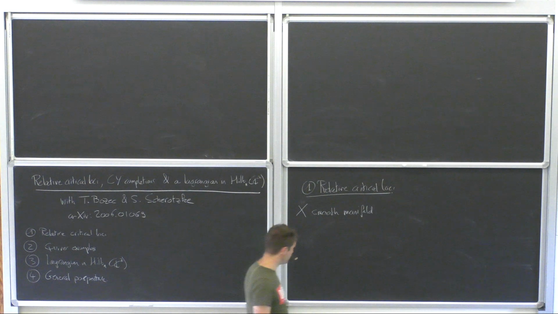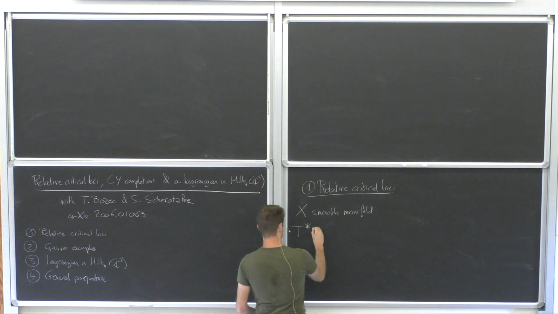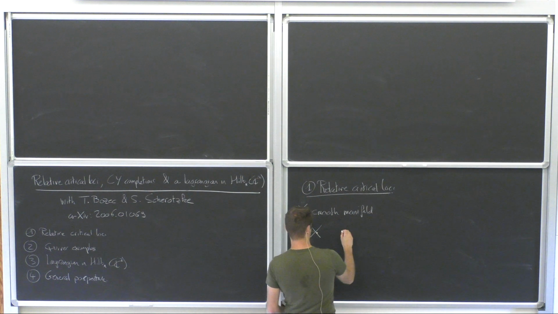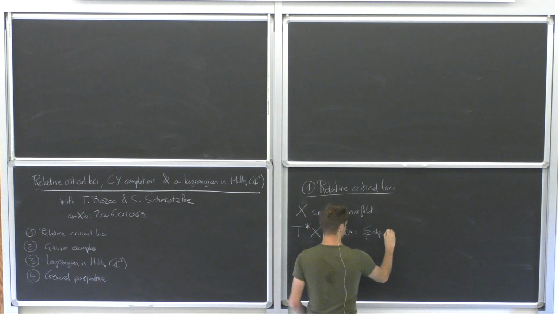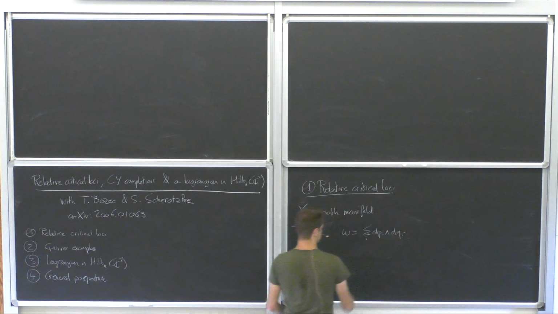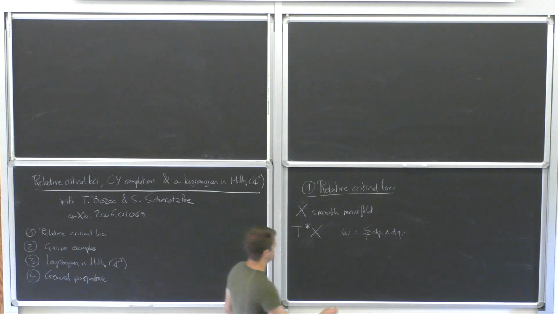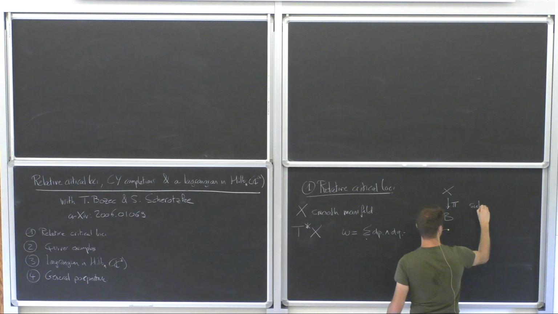But first, I think it's better to see what happens in the smooth setting. So we consider the cotangent bundle of X. That's a symplectic manifold with a form, which in local coordinates is dp wedge dq. And let's pick a submersion to a base B, so pi is a submersion.